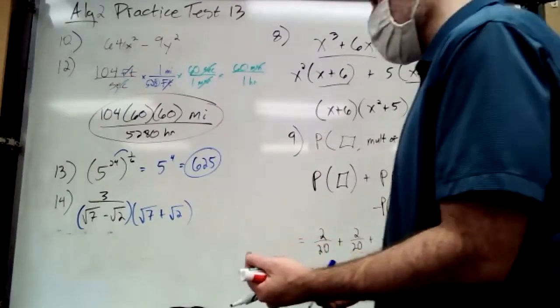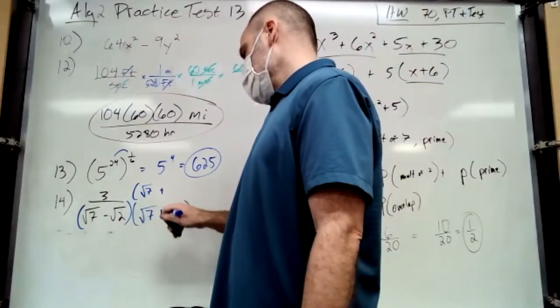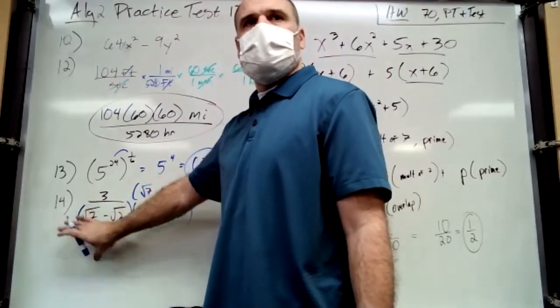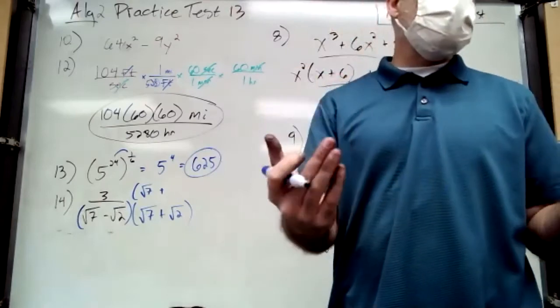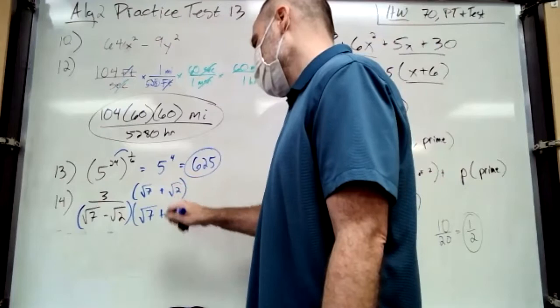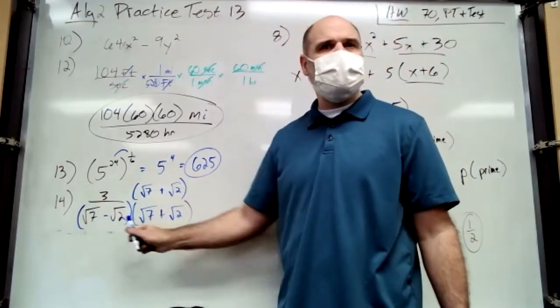You'll still have radicals. Whatever you do to the bottom, do to the top. So here's the deal. If you just had one radical in the bottom, you could have just squared it. But you have two things being added or subtracted, so you have to multiply by the conjugate. The conjugate is just turning that subtraction sign into an addition sign.